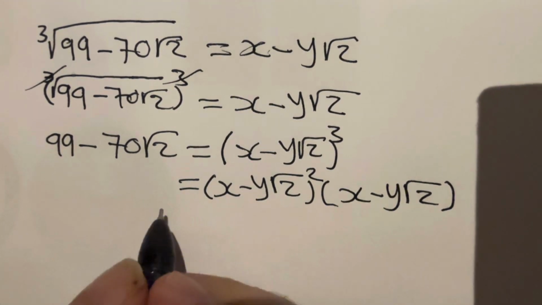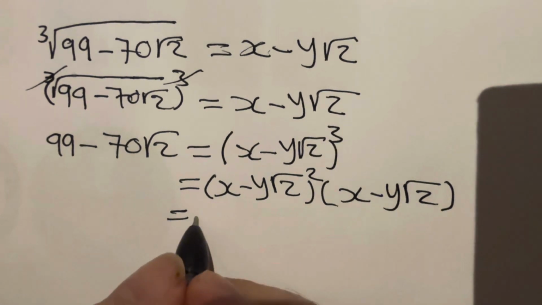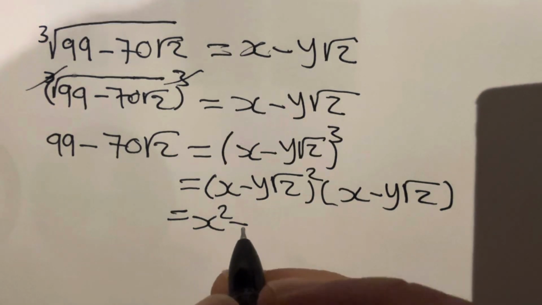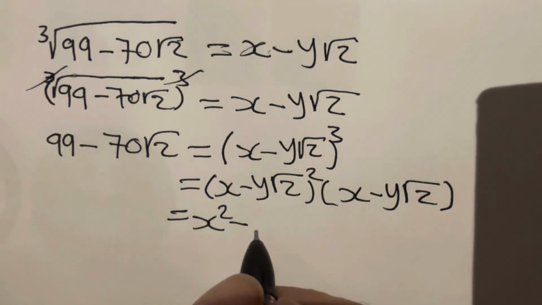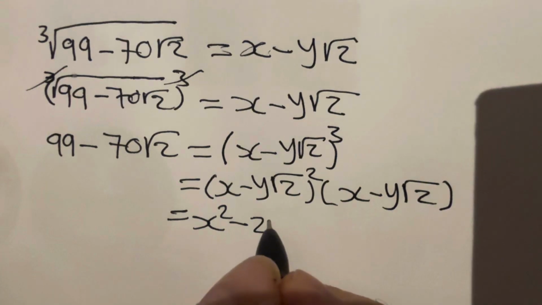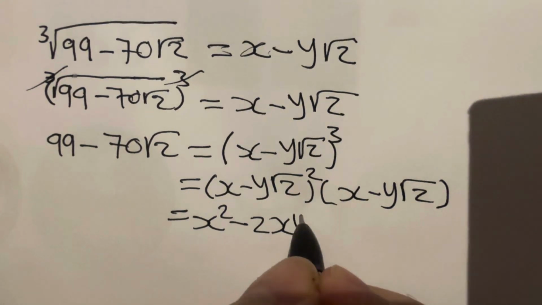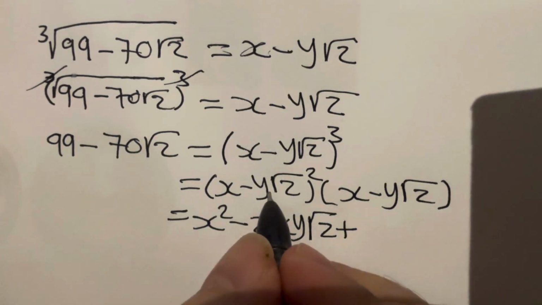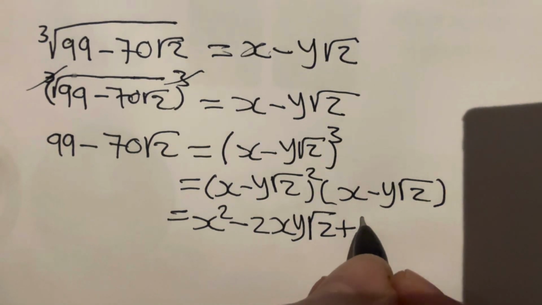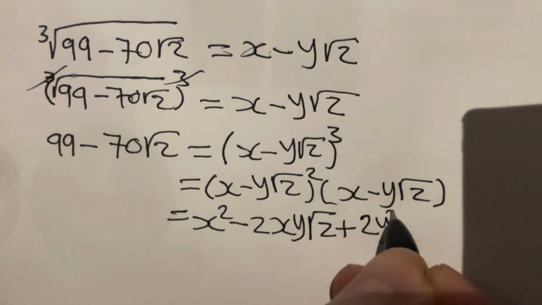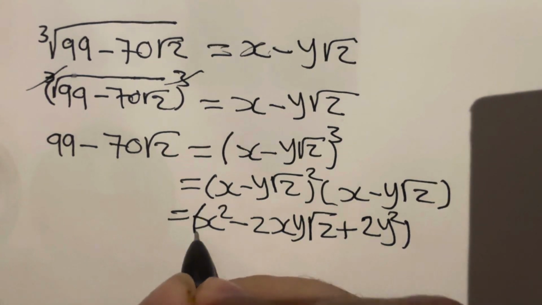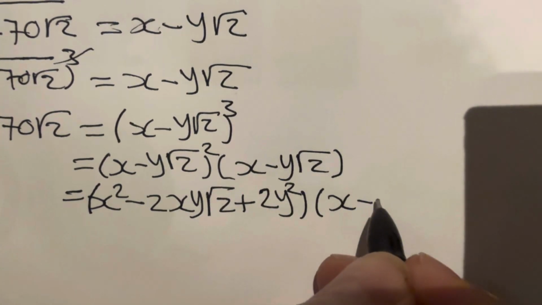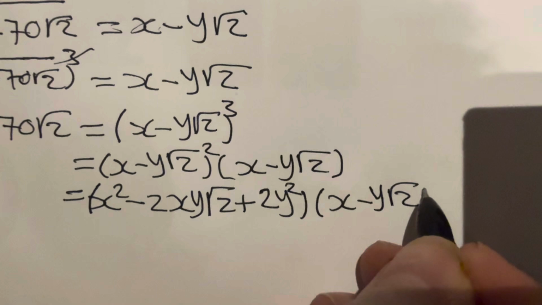Then we have to open this bracket, x squared minus 2xy root 2 plus 2y squared, bracket, x minus y root 2.